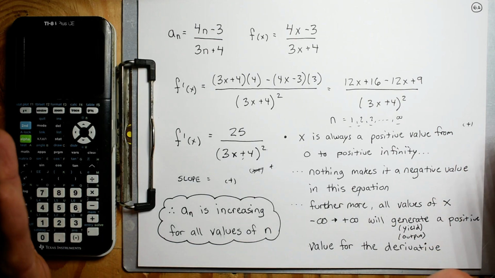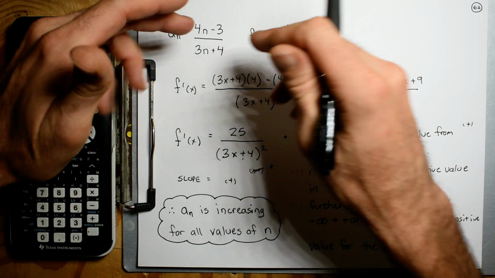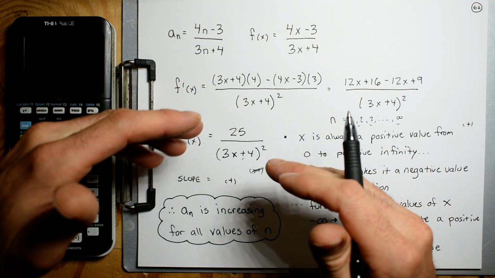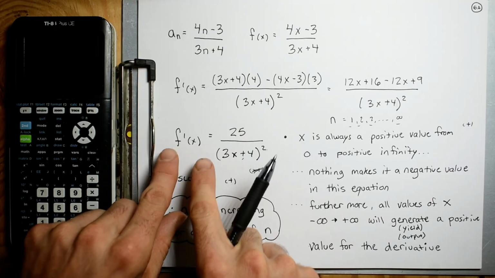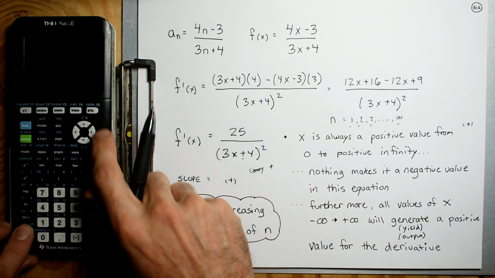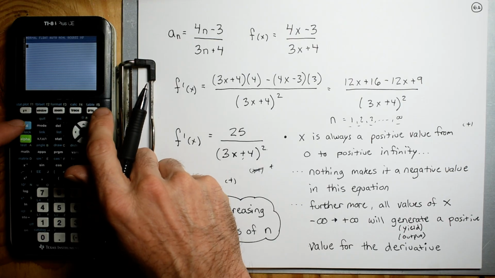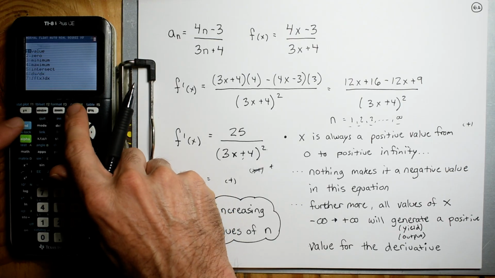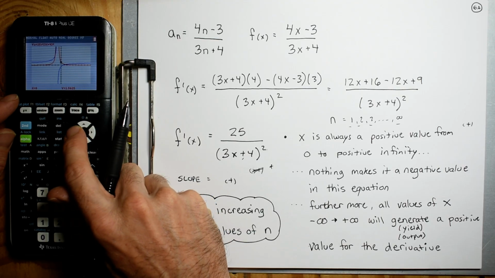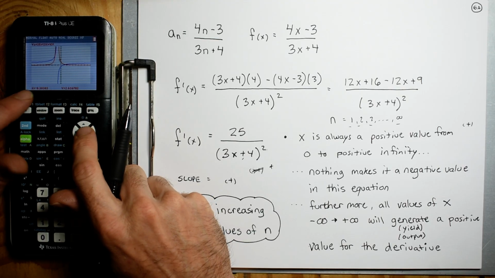So therefore, we represented this sequence as a function. We know the rules of derivatives to find this equation that represents the slope. So back to the graph, let's trace this out. The red line represents the slope of the blue line.